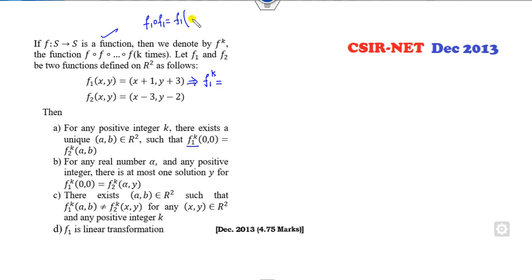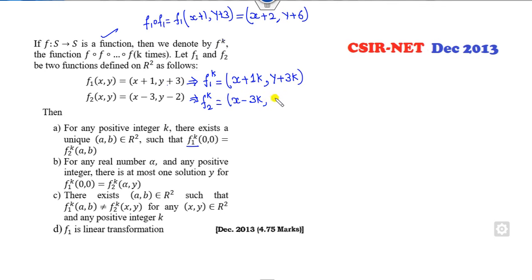It's F1 of x plus 1, y plus 3, which means x plus 1 plus 1, and y plus 3 plus 3 is 6. So I can write in general this is x plus k and y plus 3k. Similarly, what is the composition of F2? It is x minus 3k, y minus 2k.